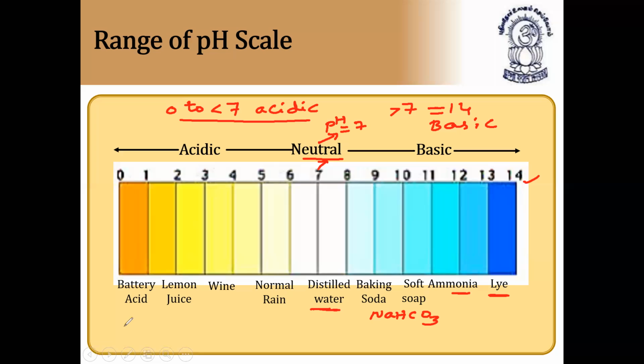For example, if the pH value of acid A is equal to 1, and the pH value of acid B is equal to 2, which is more acidic?